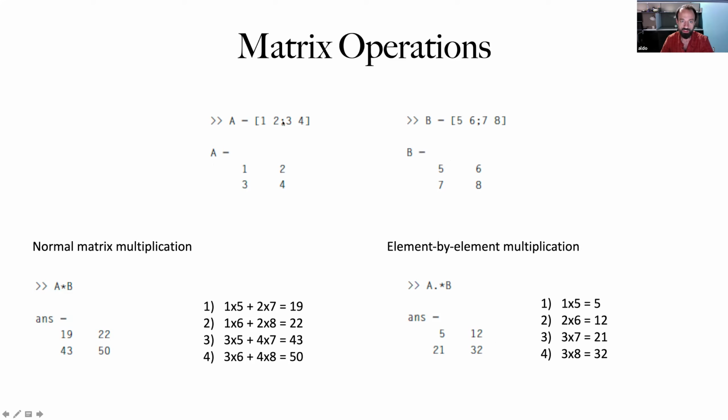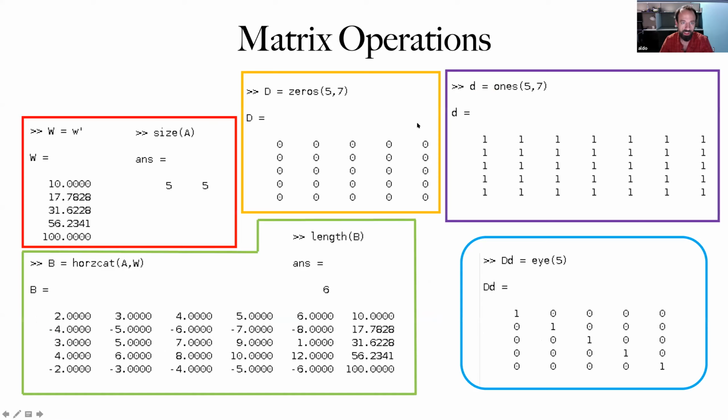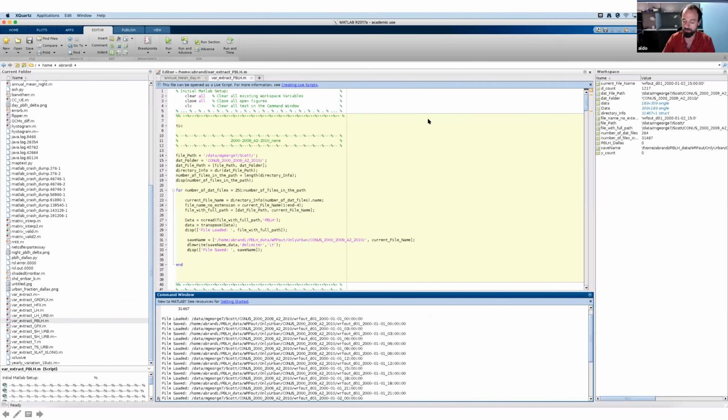The semicolon divides rows, while spaces divide columns. So you can insert a matrix this way in MATLAB, but there are also many other ways.